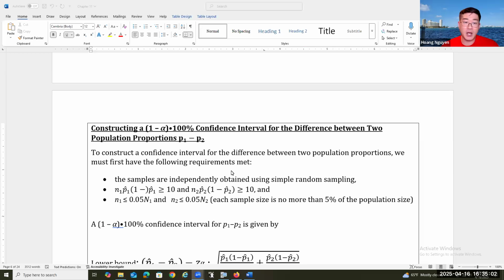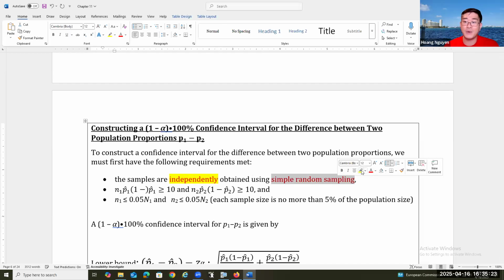In order to construct a confidence interval for the difference between the two population proportions, we must have the following requirements. The requirements for this construction will be similar to the requirements of the hypothesis test. Make sure that the samples are independently selected, and that they are simple random samples.